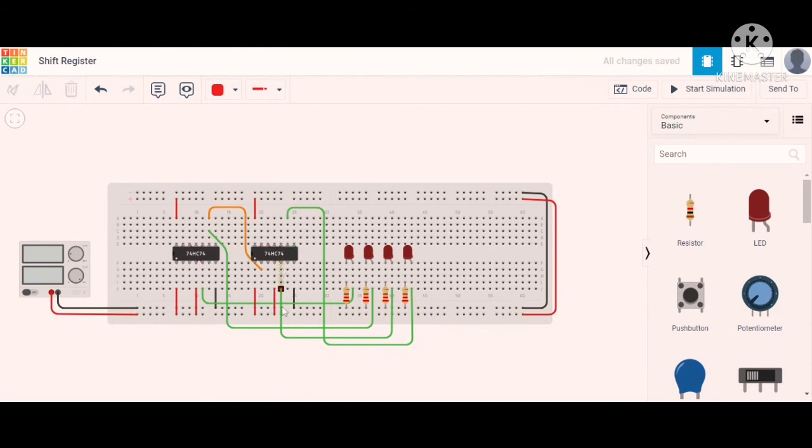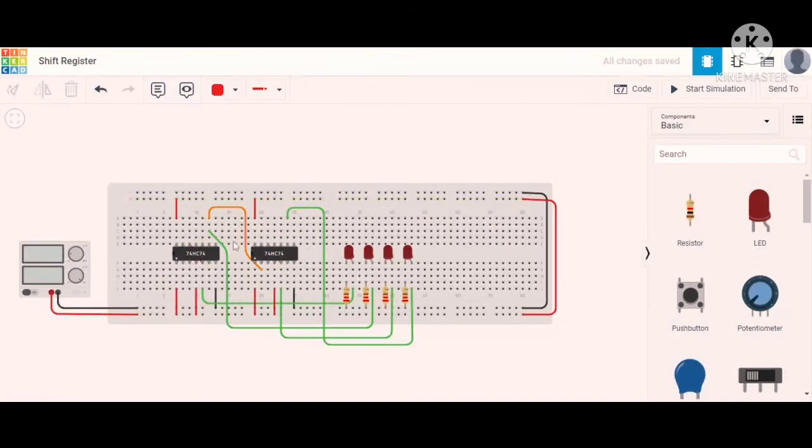The output is internally connected to another flip flop like this, and this output of the third flip flop is connected to the input of another flip flop. This inverted input is always left blank.